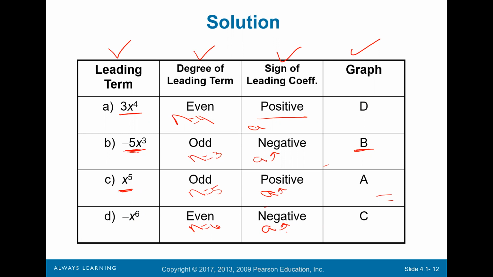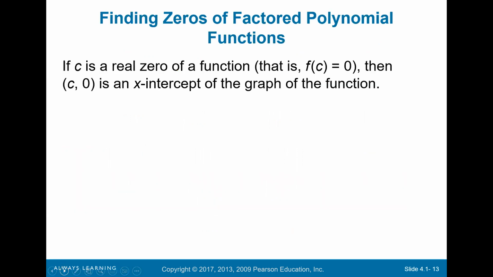So now let's move on to our next one. Okay, so if c is a real number of a function, that is, if I have f of c equal to 0, then we know (c, 0) is an x-intercept, right?